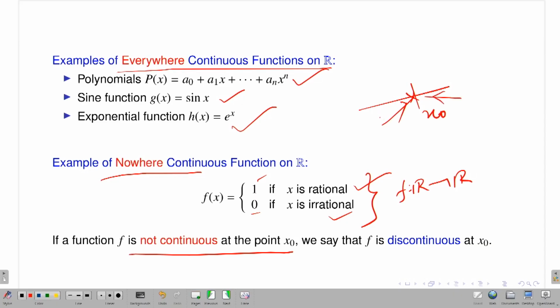At the same time, I can choose a sequence of irrational numbers which also converges to x naught. But the rational sequence will give the value 1, and the irrational sequence will give the value 0. So, I have two different sequences, both converging to x naught, but the corresponding image sequences f(x_n) and f(y_n) converge to two different limits. Therefore, my function is not continuous at x naught. So, this is a very bad function. This is an example of a nowhere continuous function.